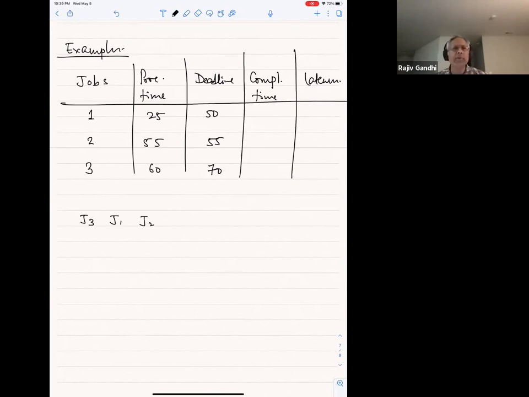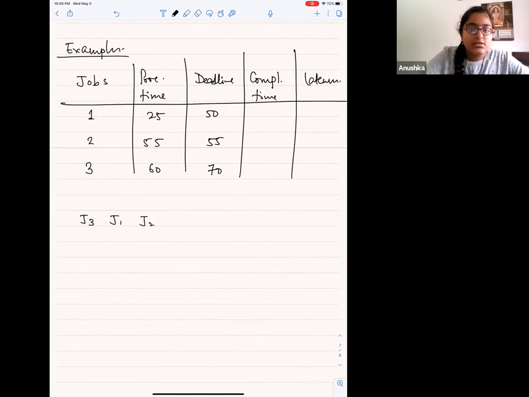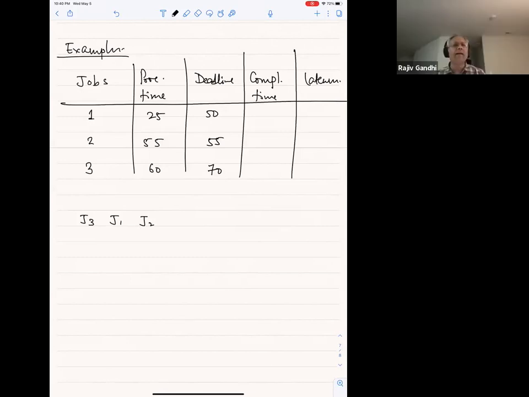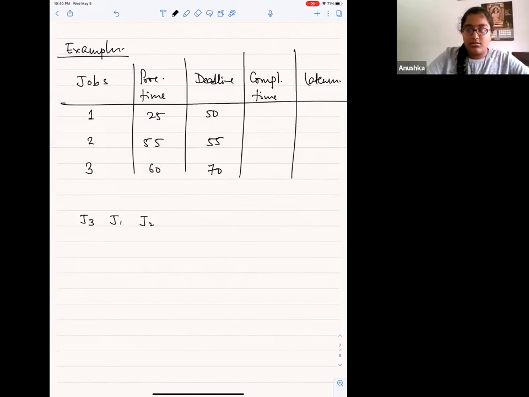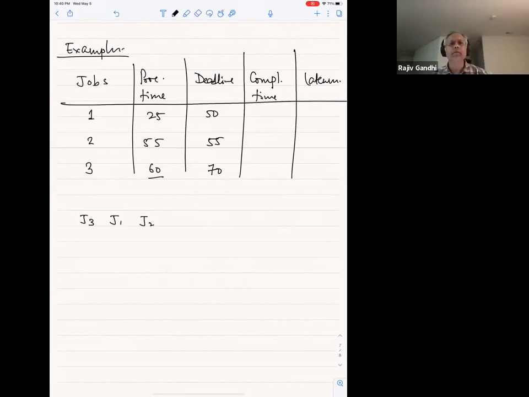Anushka, what is the completion time of job 3? Sir, I still don't get what you mean by... Okay, just give me an answer. Give me a number. I don't care whether you understand or not. Just give me an answer so that I know how much you understand. Give me the completion time of job 3. 10. How can it complete at 10? Its processing time is 60. So you start at 0 and it will go for 60 units of time, correct?